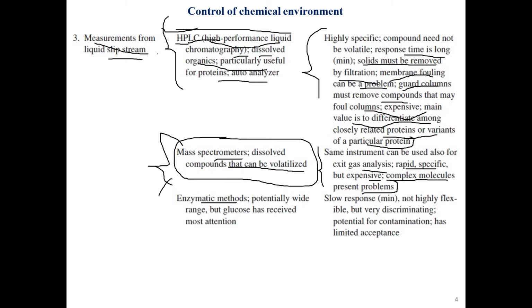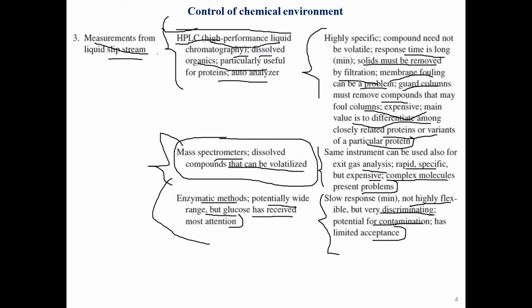All right. Also talking about enzymatic methods, they have a potentially wide range of action, but glucose has received the most attention, so mainly we use them for glucose. They have a slow response, which is a drawback, and are not highly flexible but very discriminating, with potential for contamination and limited acceptance.